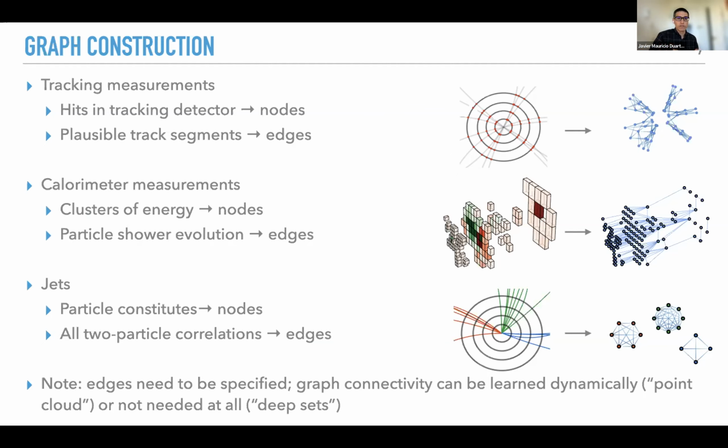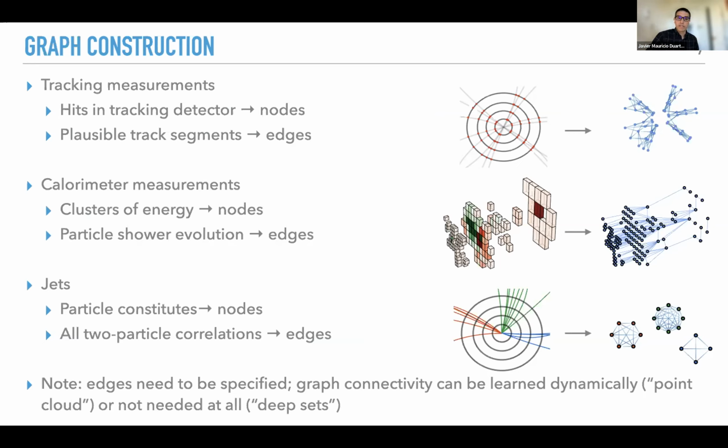Instead, you want to reduce and keep only the most likely track segments in this graph construction stage. Similarly, for calorimeter measurements, we can take clusters of energies as nodes, and then the particle shower evolution as the edges. And again, there are physical constraints that we can use to determine where the edges should be, based on the geometry of the detector.